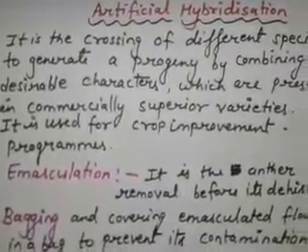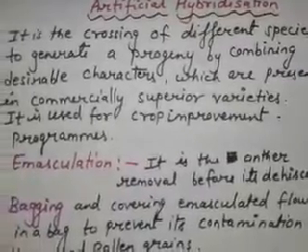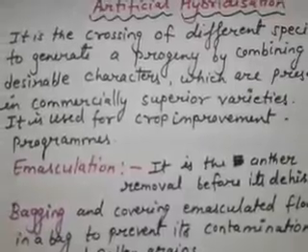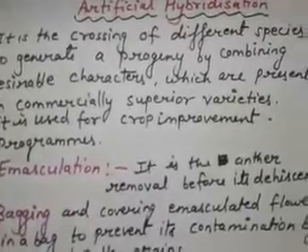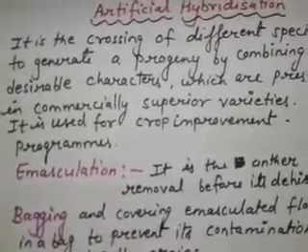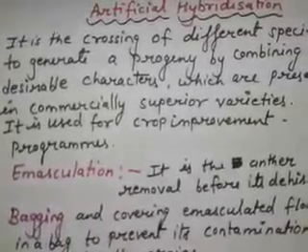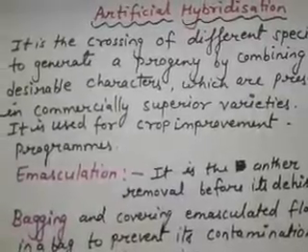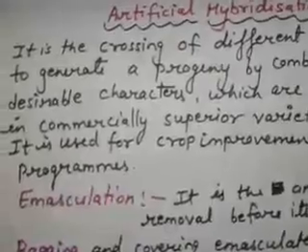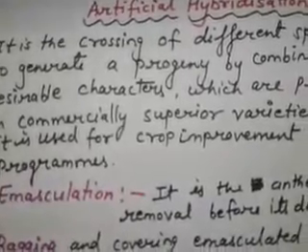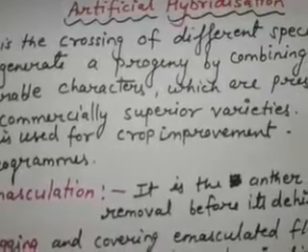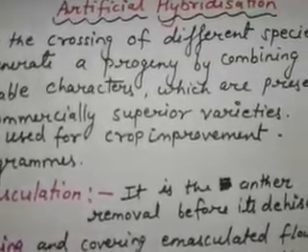Next is artificial hybridization. It is the crossing of different species to generate a progeny by combining desirable characters which are present in commercially superior varieties. It is used for crop improvement programs. In this method, it is essential to ensure that the right kinds of pollen grains are used and the stigma is protected from the unwanted pollen grains.